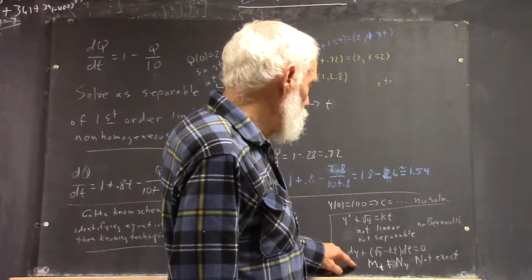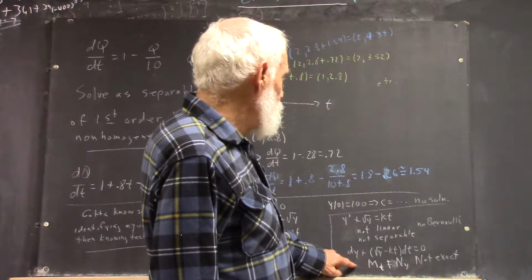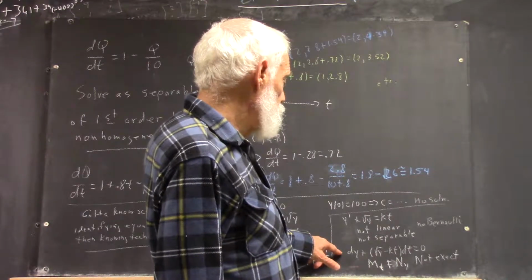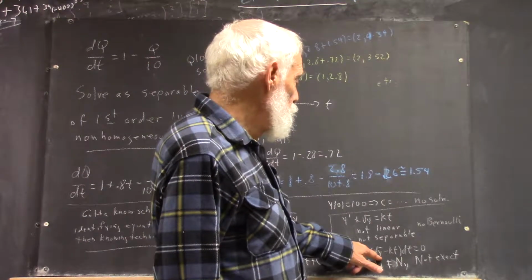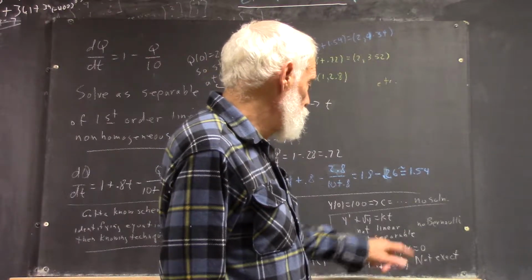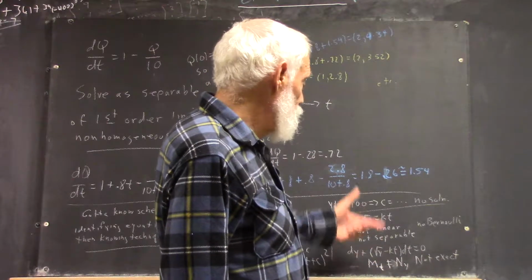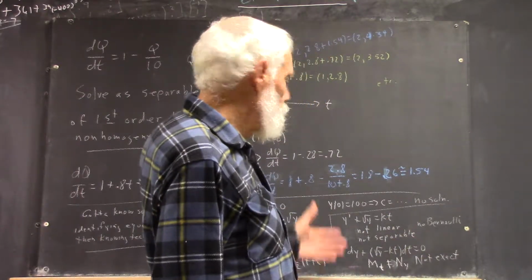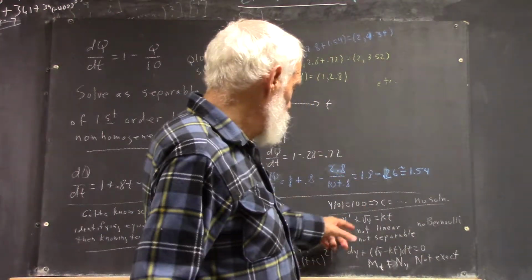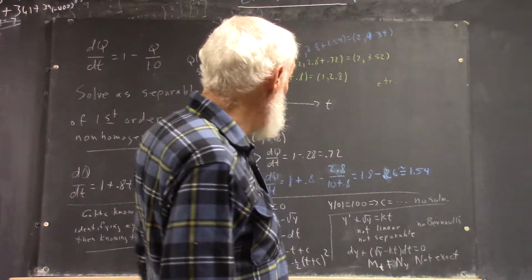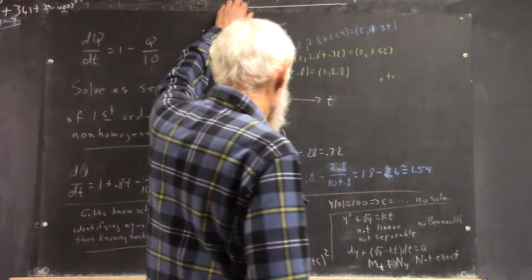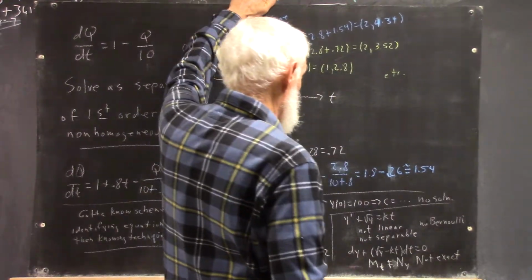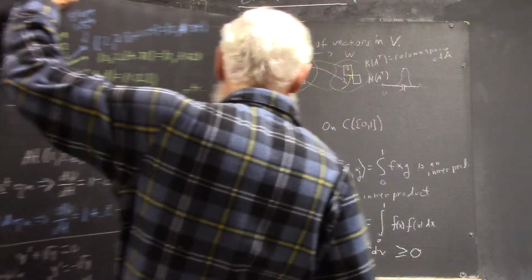This equation rearranged just to this, but the t derivative of your coefficient of dy is 0, where the y derivative of the coefficient of dt is not 0. It's not exact, so we're kind of out of bullets, and we don't really have a good way of solving this equation. So that's another one that would go to a numerical solution unless we can find some trick.